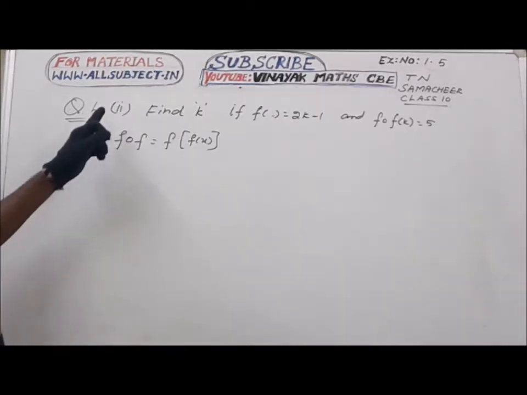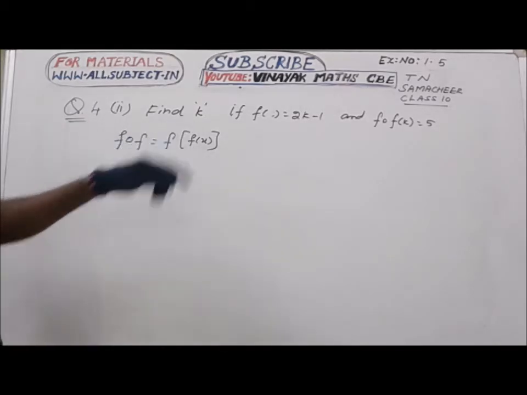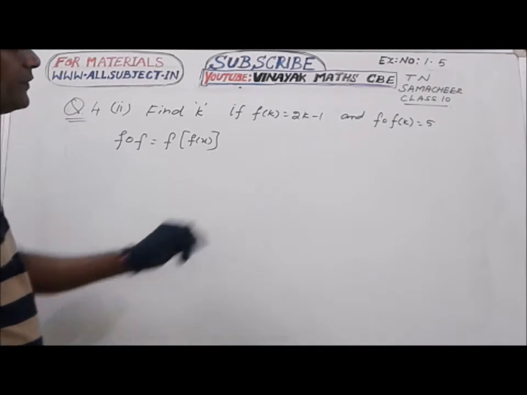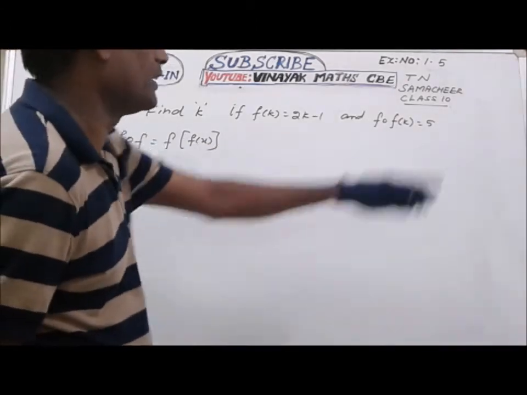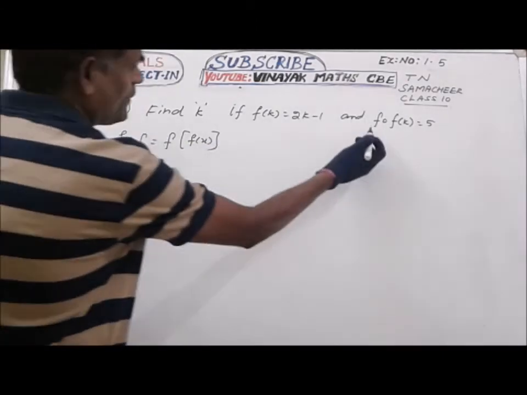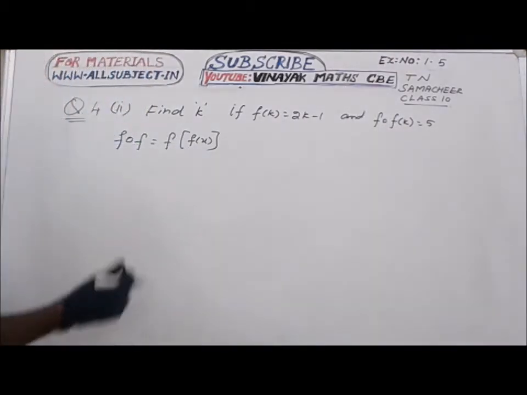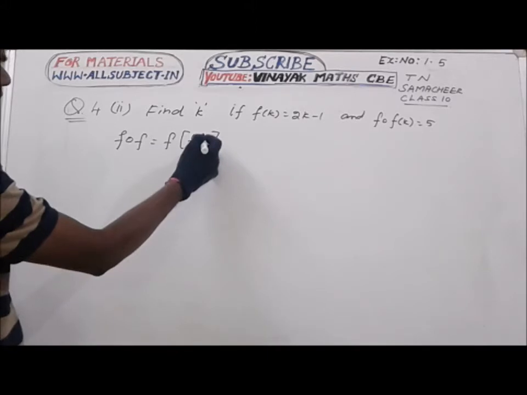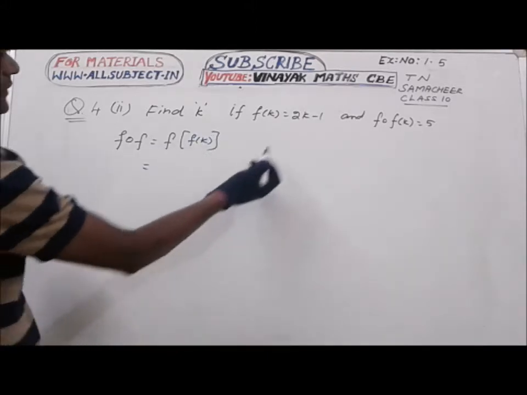Question 4, subdivision number 2. Find k if f of k equal to 2k minus 1 and f composition f of k equal to 5. So we need to find f composition f of k, that is f of f of k.